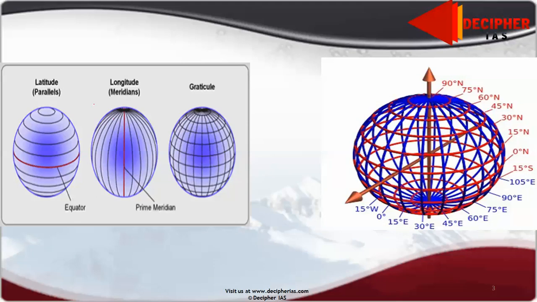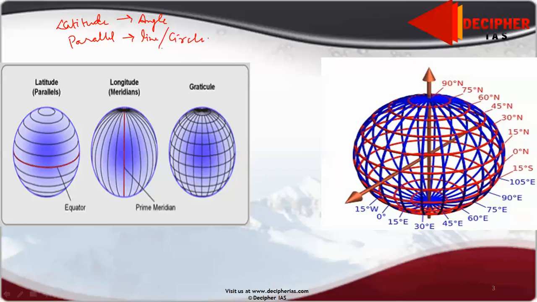See, latitude. Latitude and parallel have a small difference. Latitude is angle. Always remember, latitude is angle and parallel is line or circle.